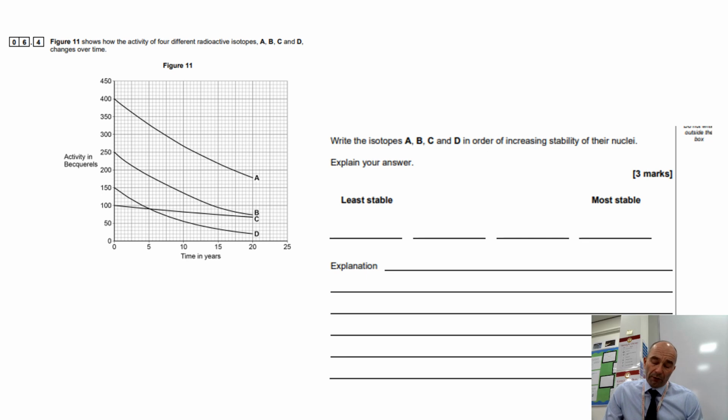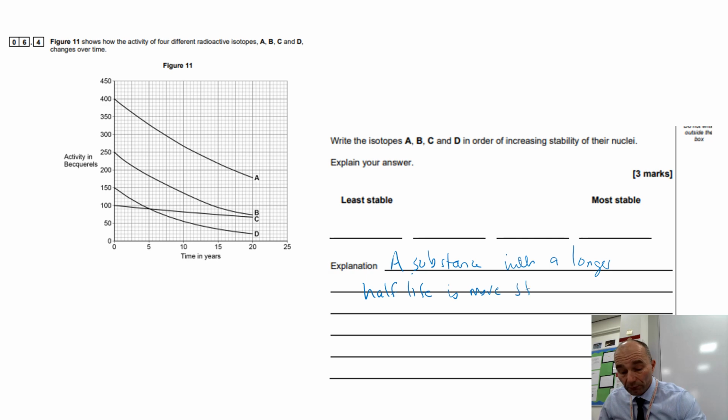Now, with this one, it's almost better to start off with the explanation, and that will tell us the order from there. So a substance with a longer half-life is more stable. So what we're doing is our answers are in order of increasing half-life.